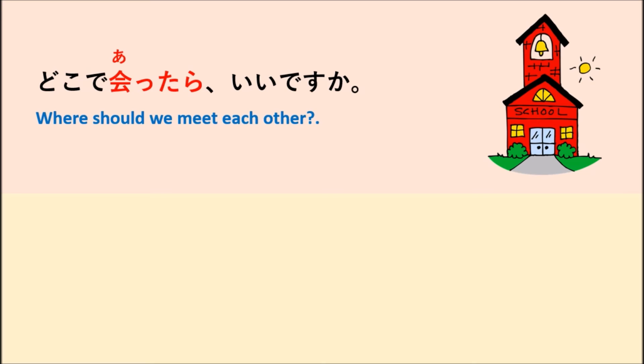In this example, あったら is from the verb au, which means meet. When you change it to the tara form, it means attara, should meet. You don't know where is good for you to meet each other, so you can ask your friend or your teacher to advise the place.